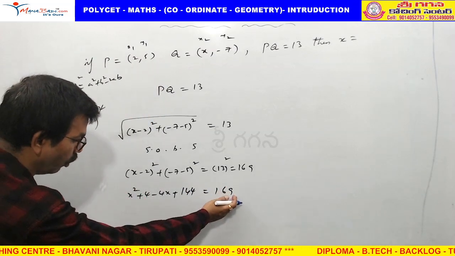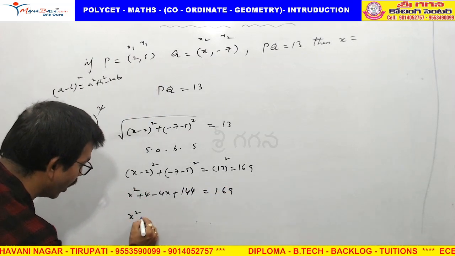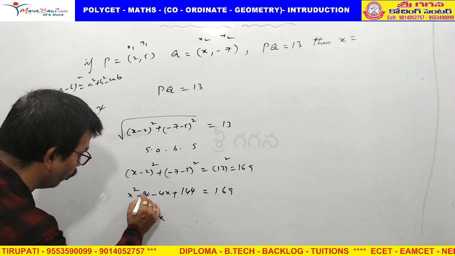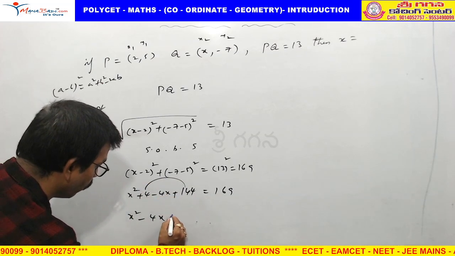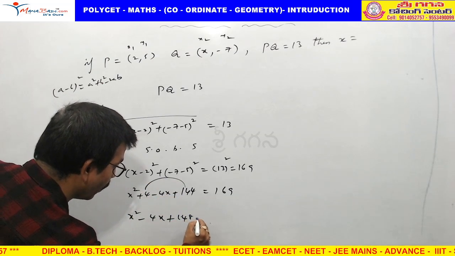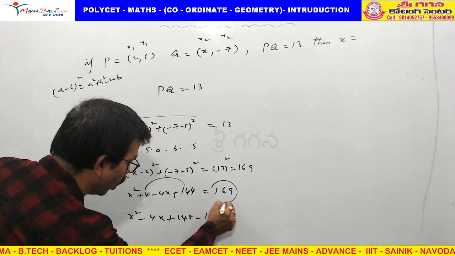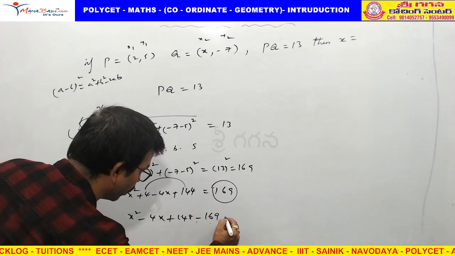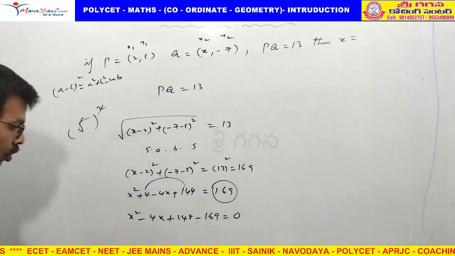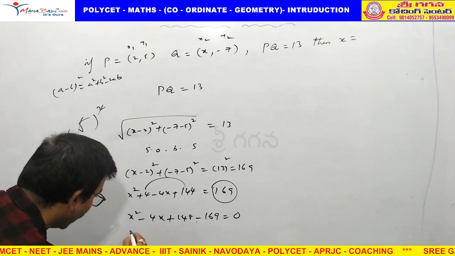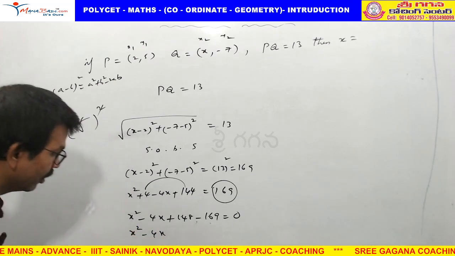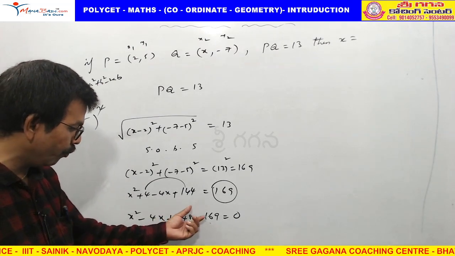So this constant, if we bring inside, x square minus 4x, if we add these two numbers, 148 minus 169. This positive value I am taking inside, that's why minus will come, equal to 0. So you have to subtract 148 from 169.